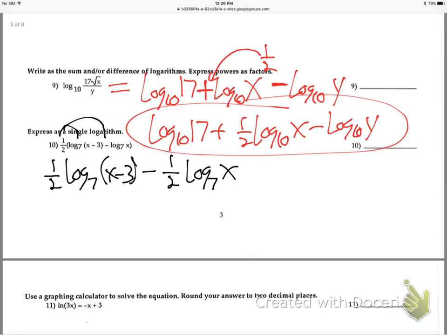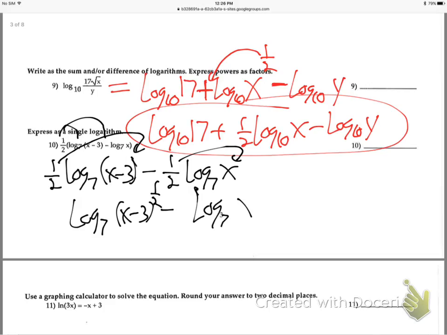Now, what does that half power do? Zip up to the power. Remember? Numbers in the front go to the power. So this is log base 7 of x minus 3 to the half power minus log base 7 of x to the half power. Those halves in the front go up to the power, don't they?